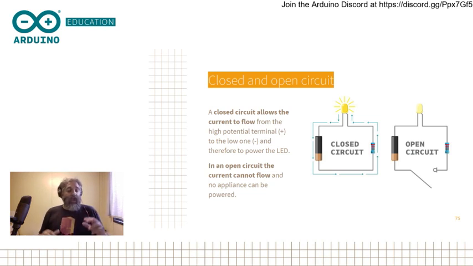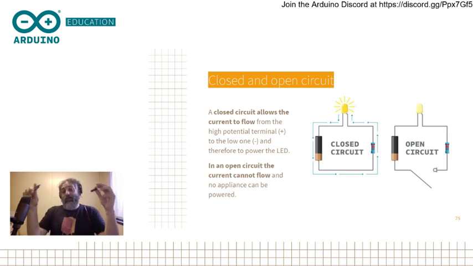If you have a wire in front of you, let's say this wire here is coming from somewhere and is not touching the other wire in a circuit. The circuit is open, and there will be no current flow because there will be no electrons going from one part to the other of the wire.